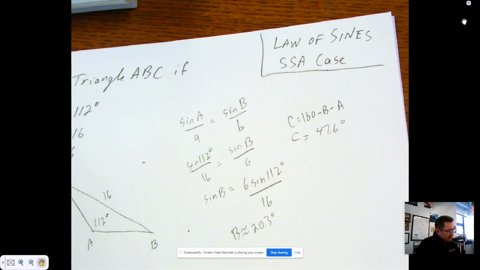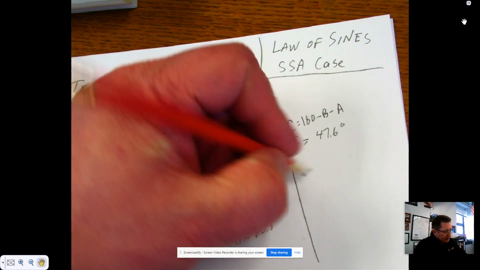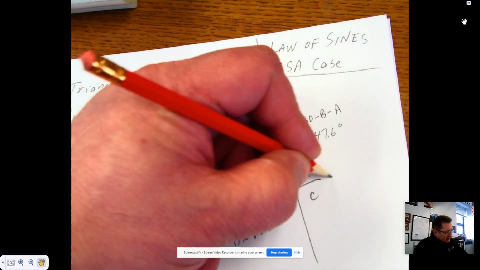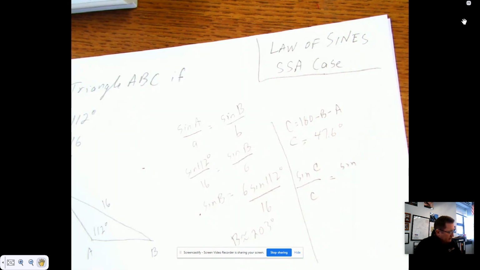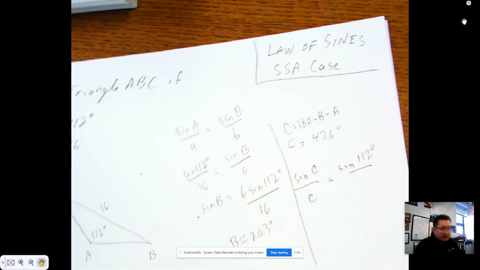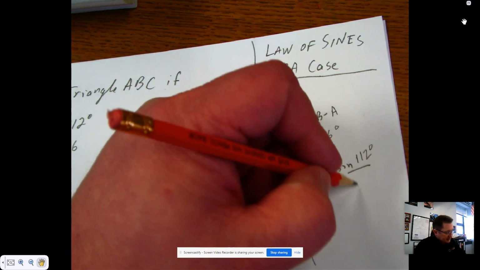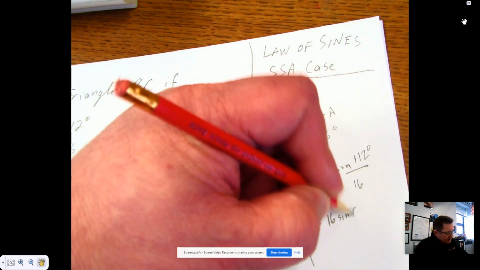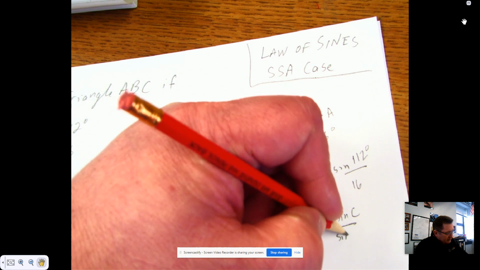Now when you go to solve it, we say that the sine of C over little c is the sine, and you can pick either A or B, but A is cleaner because it's exactly 112 degrees over 16. And so little c is 16 sine C over sine 112.